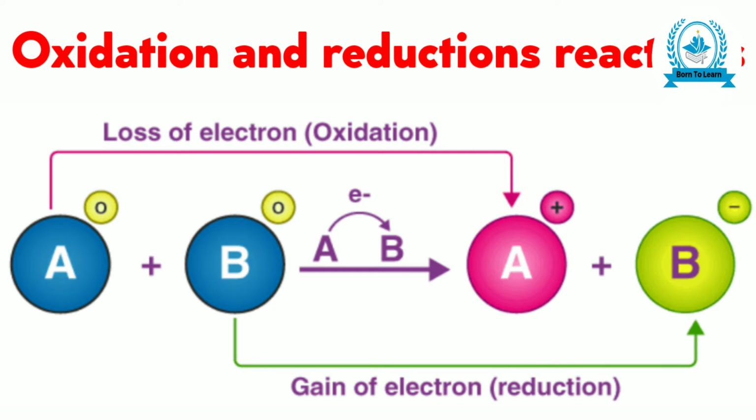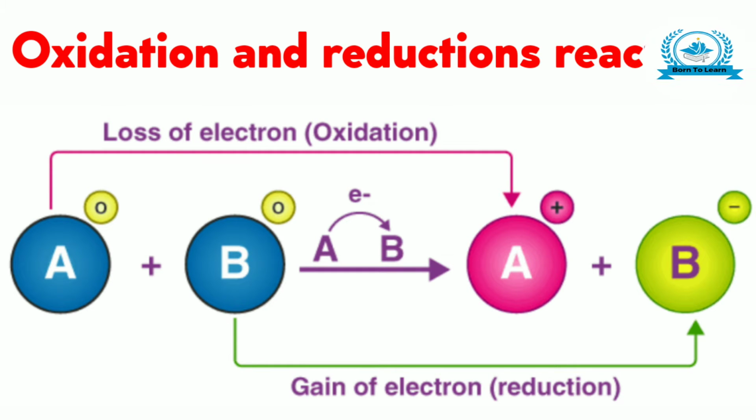Fifth one, oxidation and reduction reactions. The earlier concept of oxidation and reduction is based on the addition or removal of oxygen or hydrogen elements. So, in terms of oxygen and hydrogen, oxidation and reduction reactions can be defined as follows. Oxidation: 1. The addition of oxygen to a substance is called oxidation. 2.